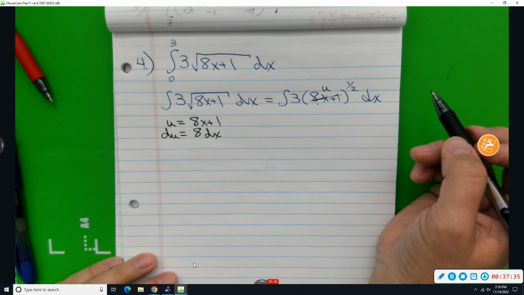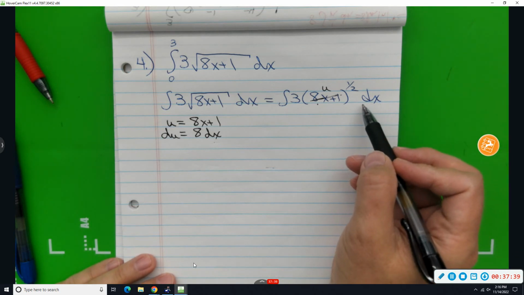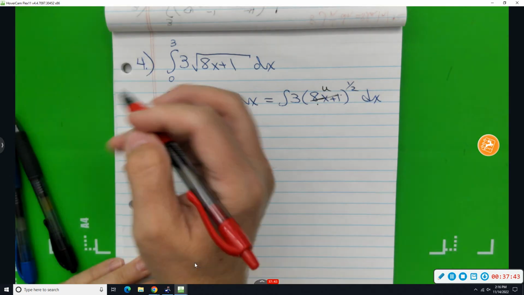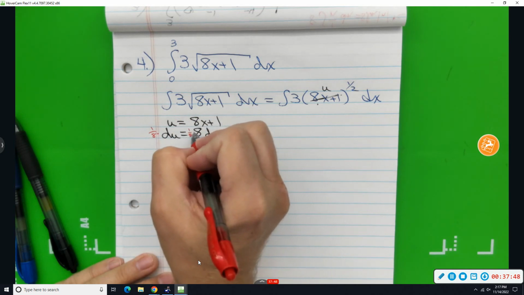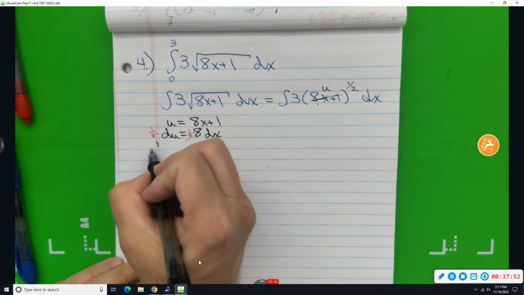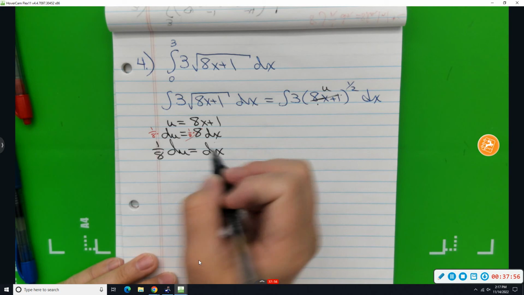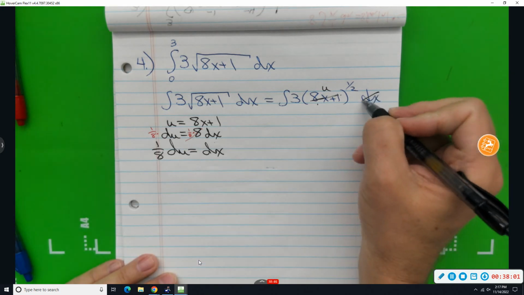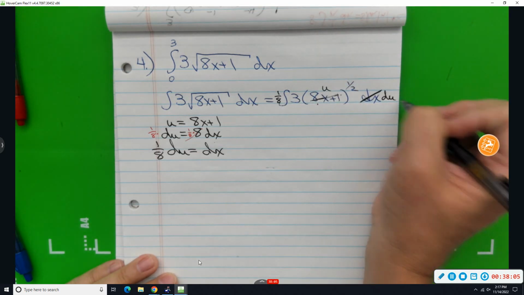The only other thing we have with the variable is that differential of x, but we don't have an 8, do we? So divide. Also, I think I normally multiply by 1/8. That's what I've been doing in my other videos. So I just have 1/8 times du is equal to dx. So I'm going to replace the dx with the 1/8 and the du.